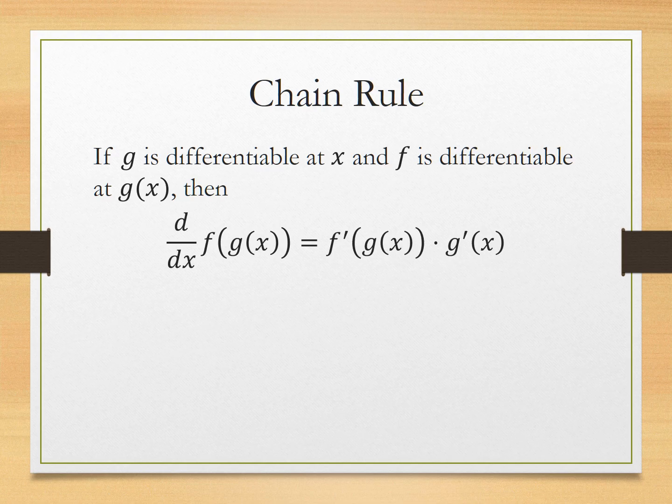So the value g is taking on at the moment is g(x). That's why it has to be differentiable at x. Then f is taking on the value g(x). So that's why f has to be differentiable at g(x). When that's true, then the derivative of f of g of x equals f prime g(x) times g prime x.